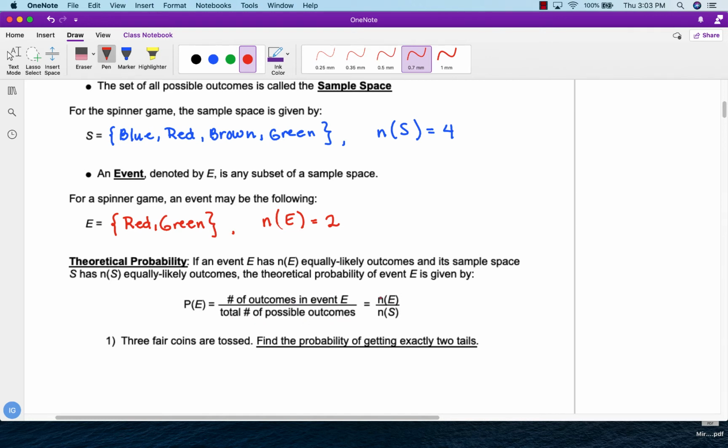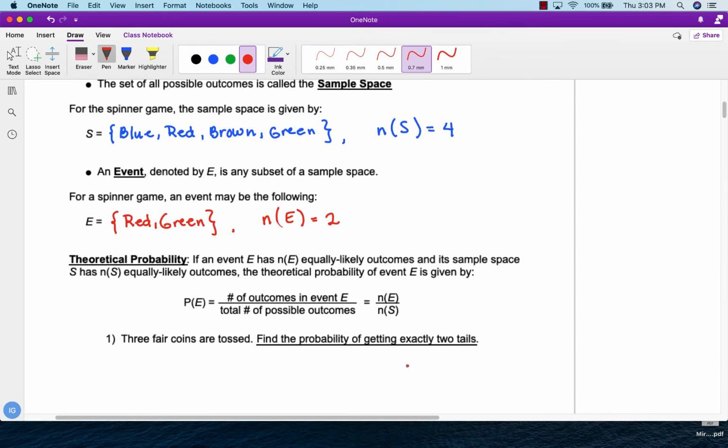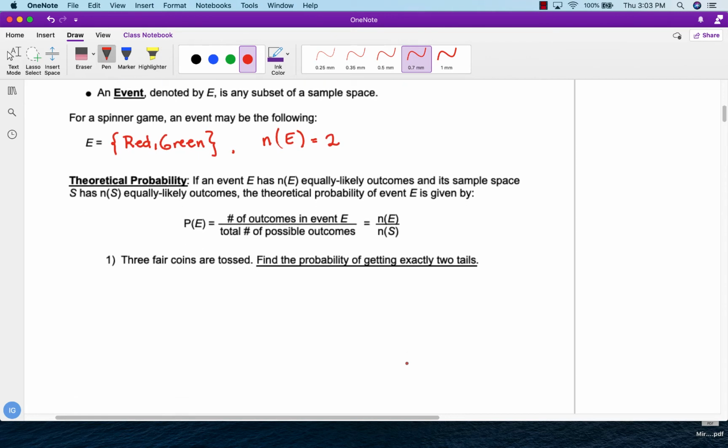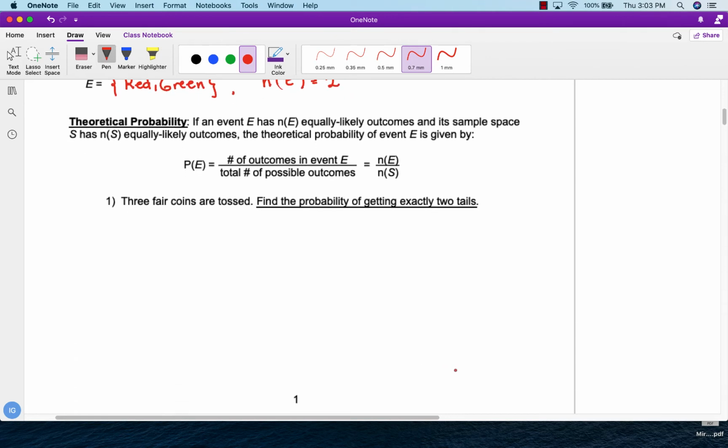So basically, the number of elements in the event over the number of elements in the sample space, okay? So let's apply this in example number 1.